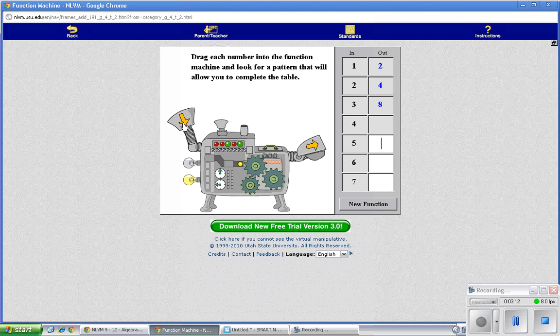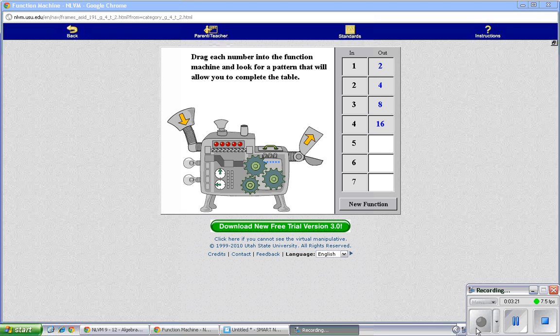And when we input 4, it spits out 16. In this example, it didn't specifically tell us what the rule is, but we do see here that the inputs are 1, 2, 3, 4, and the outputs are 2, 4, 8, and 16. So the inputs are your domain, your outputs are the range.